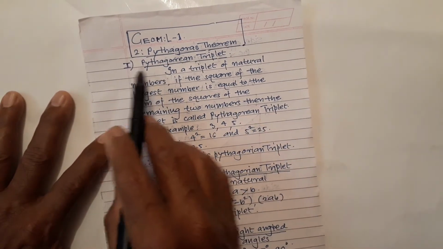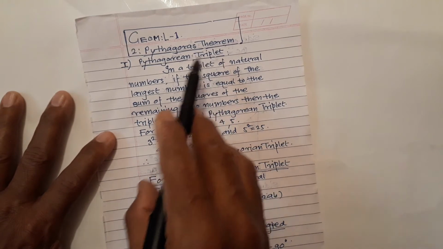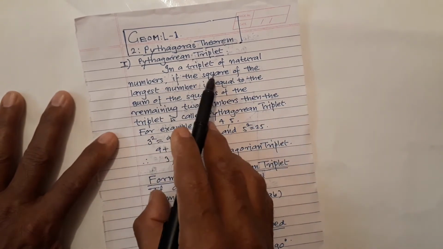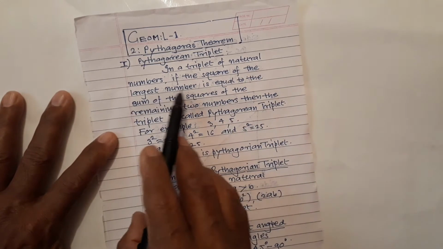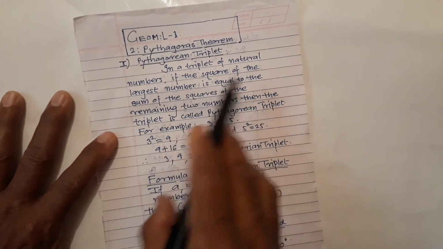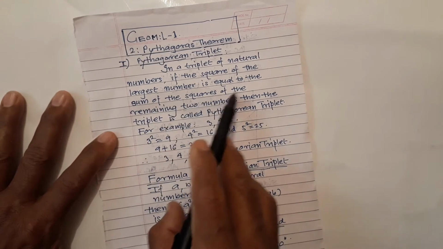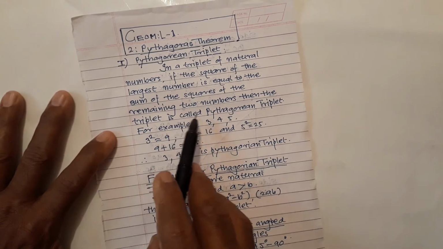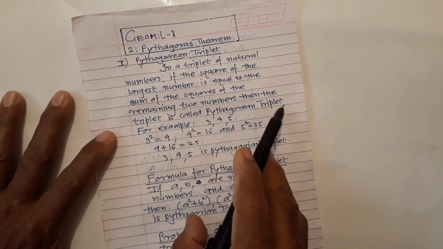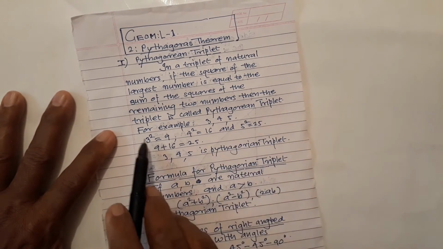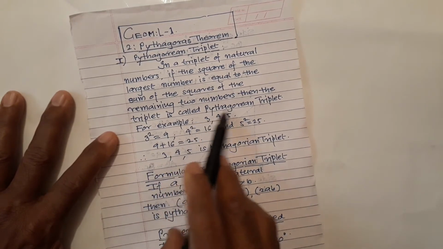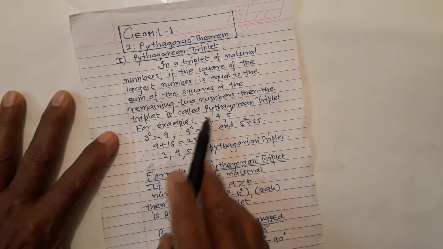Pythagorean triplet: in a triplet of natural numbers, if the square of the largest number is equal to the sum of the squares of the remaining two numbers, then the triplet is called a Pythagorean triplet. For example, 3, 4, 5, this is a group of three natural numbers.